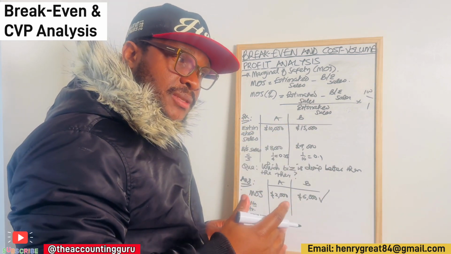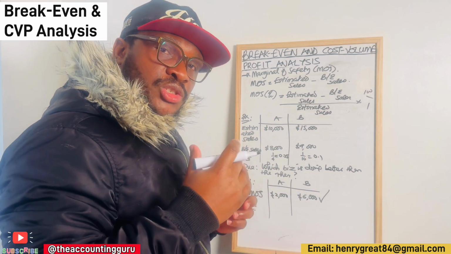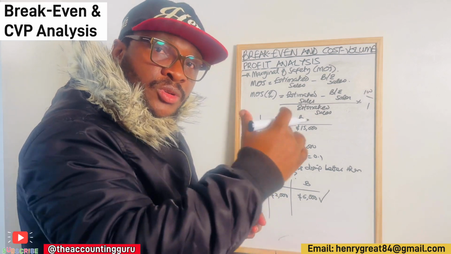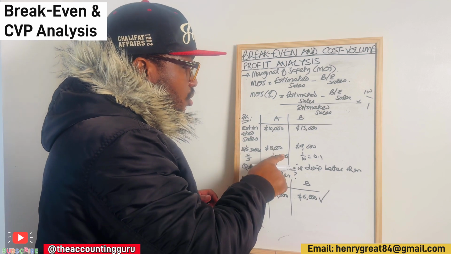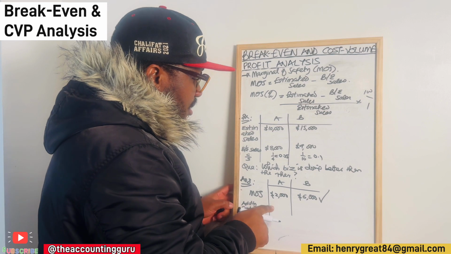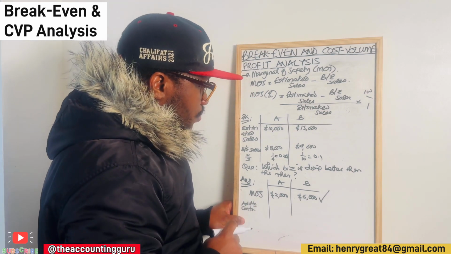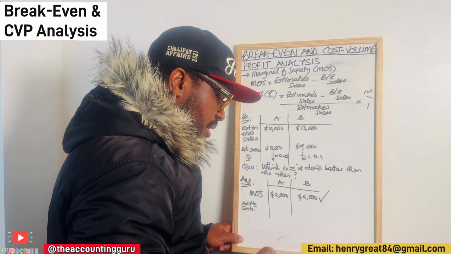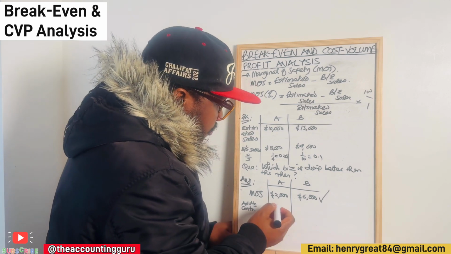Do not forget that contribution margin ratio, or C over S, is used in ascertaining contribution, like I said. Okay, so 0.25 will be applied on the extra sale to determine the extra contribution, all right, on the $2,000. So $2,000 times 0.25 would give us $500.